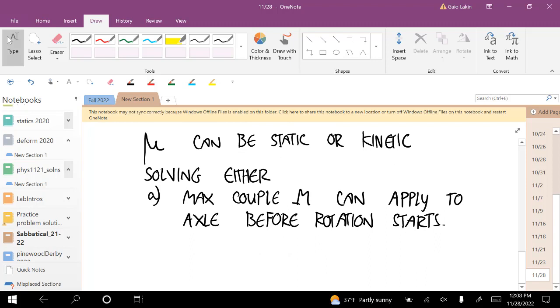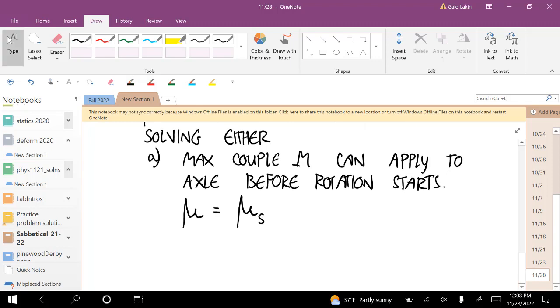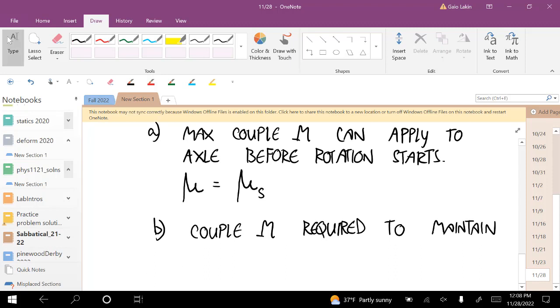In that case, the thing is at rest initially, like when you draw your free body diagram, you're dealing with something that's at rest, and so your coefficient of friction needs to be a static coefficient of friction, which is a bigger value than the kinetic value. And second, you can calculate the couple M that's required to maintain rotation with a constant angular velocity.